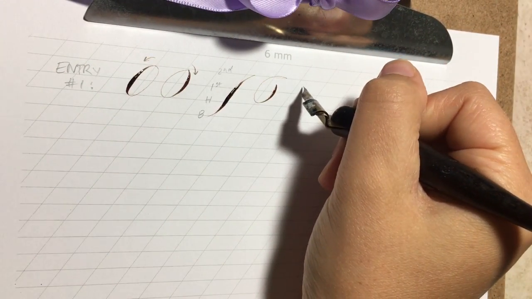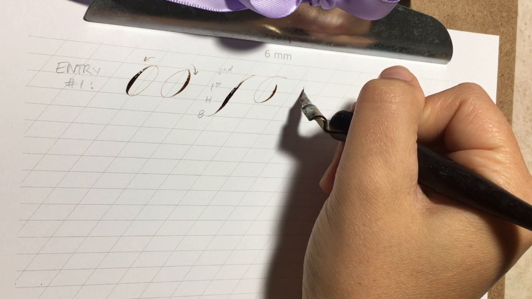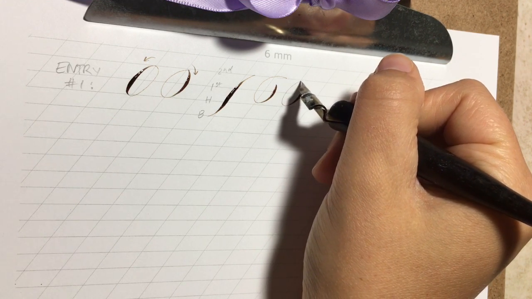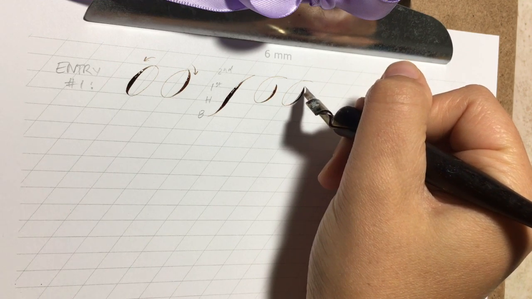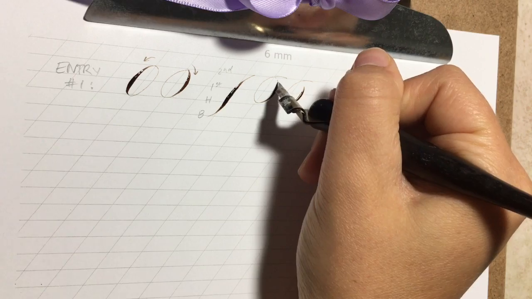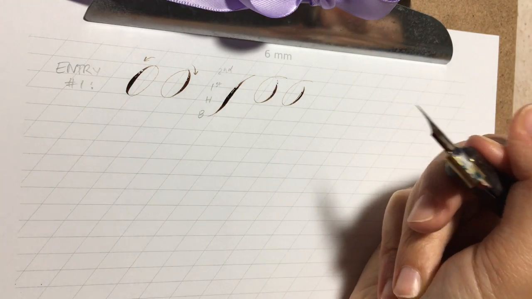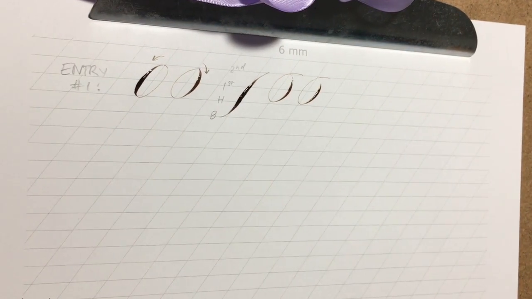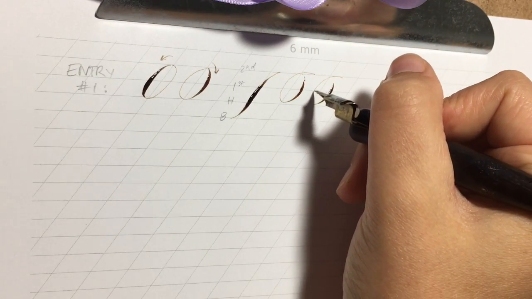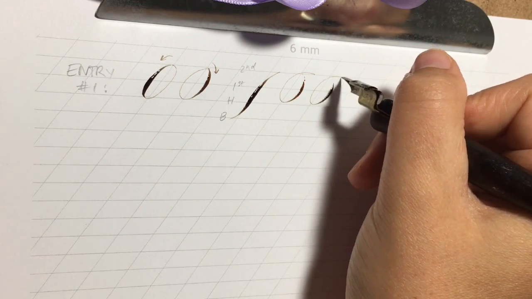So again, starting a little bit below the second ascender, coming down, make this oval shape, but instead of meeting it here, you just come back up. So if you were to continue and meet this oval like that, then it would be an oval. But you want to continue up and then hug this line.